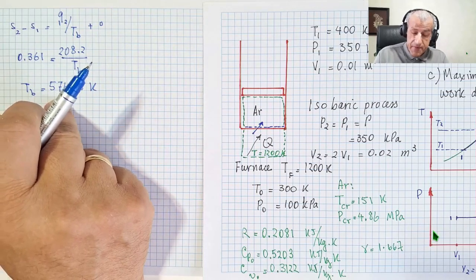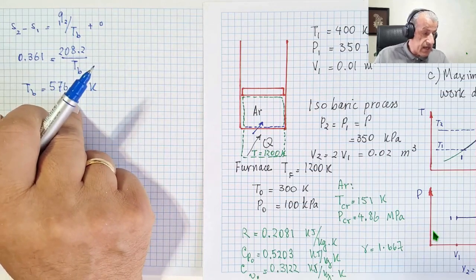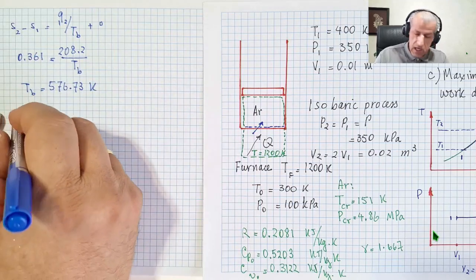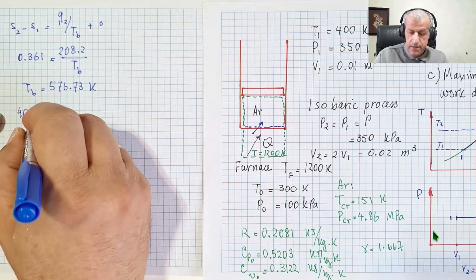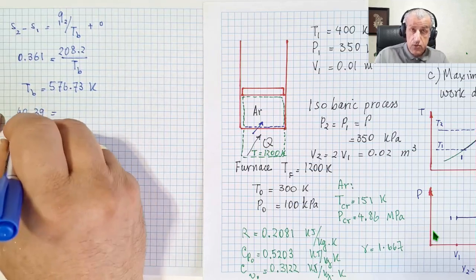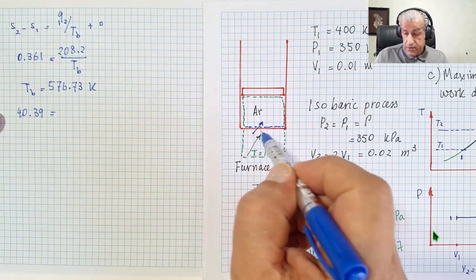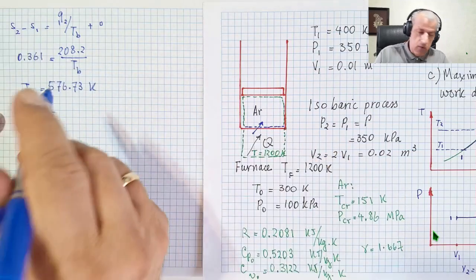If that happens, the first law remains unchanged, and it's just the availability equation which would change, and it turns into 40.39, which is A2 minus A1. You see, I have only changed my boundary, and therefore I have to change my equation.